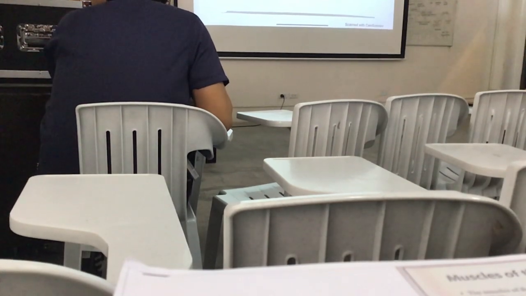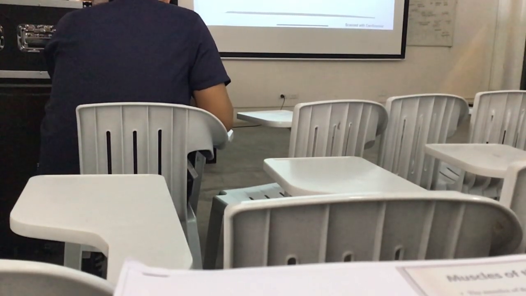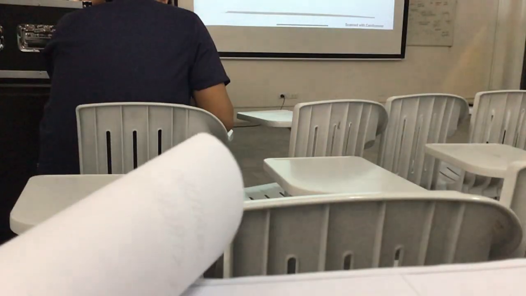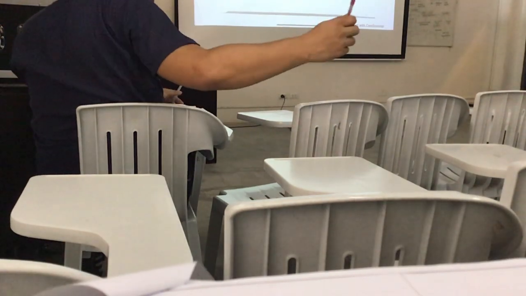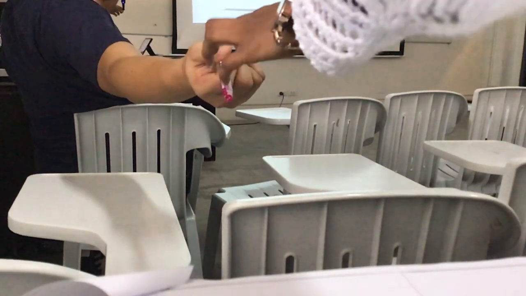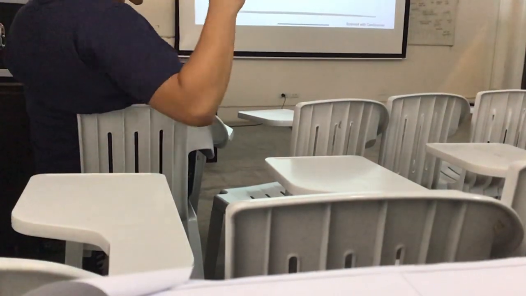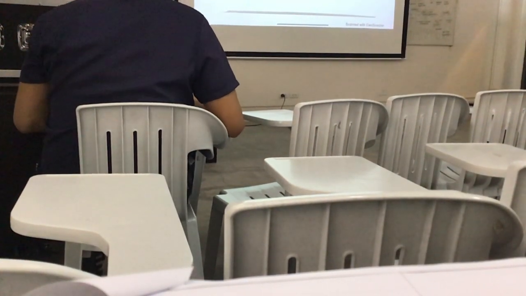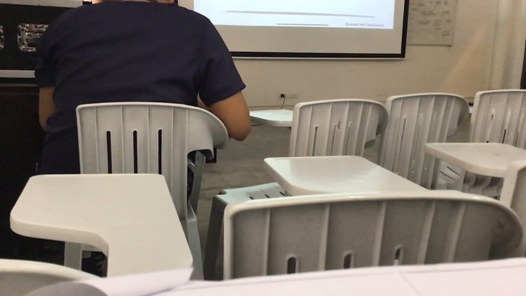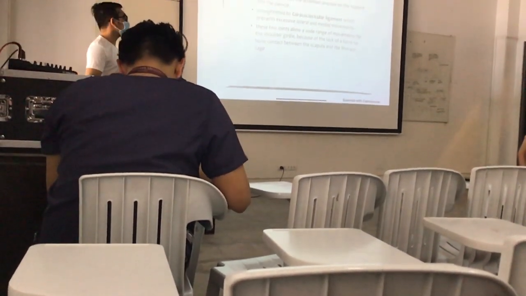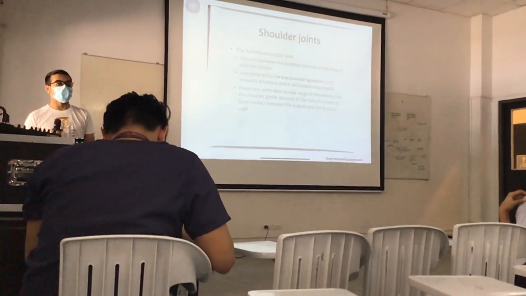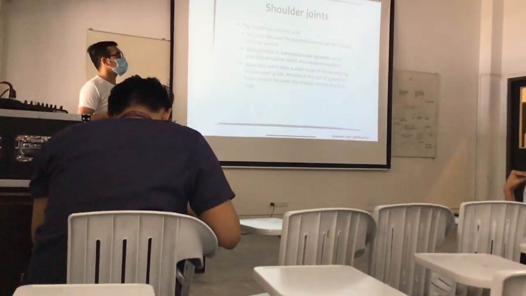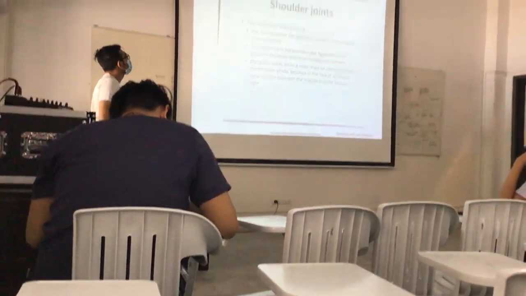Now, in this shoulder joint, there are some ligaments and muscles that help keep your humerus in place, or the bones stay in their place. So here, the acromioclavicular joint. As the name means, it is joined between the acromion process of scapula and your clavicle, and it is part of your shoulder joint.